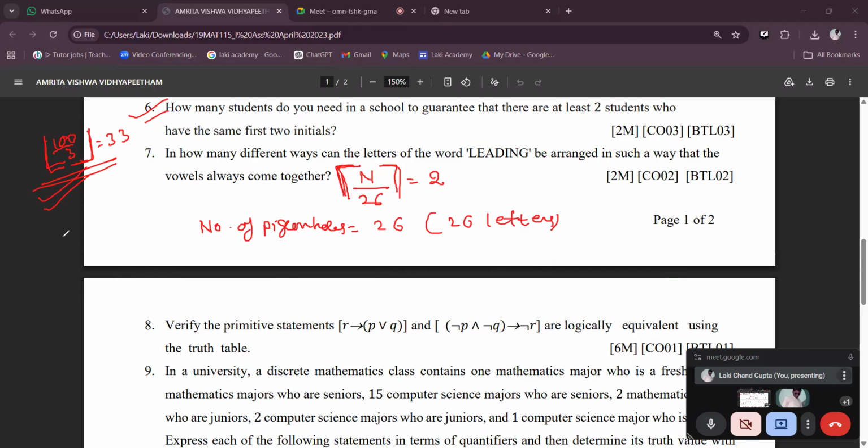If they are not in common, then always take what? LCM. I will tell you with a question. You understood this?